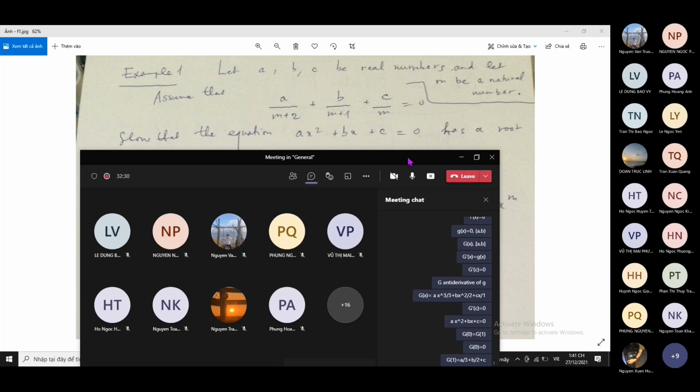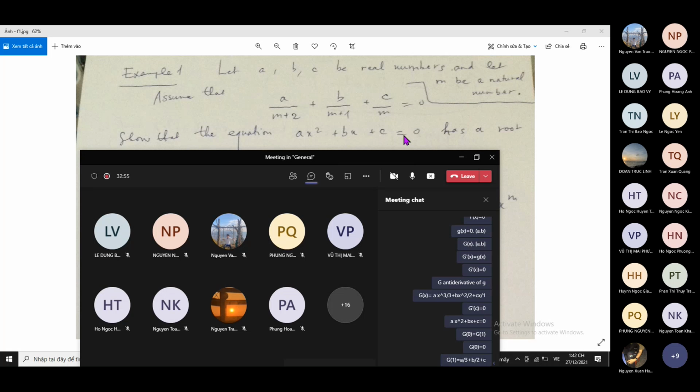So, look, ax squared plus bx plus c equals 0. And normally we think about finding a function capital G, so that the derivative of the function capital G gives us the left-hand side of the given equation. In our case here, it's just ax squared plus bx plus c.